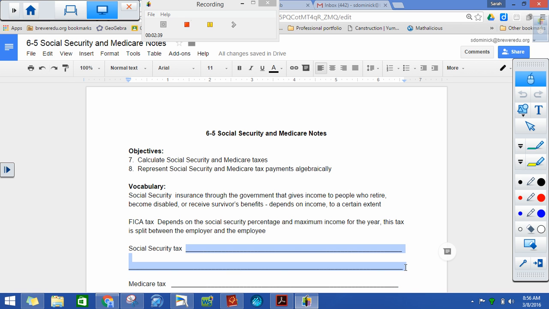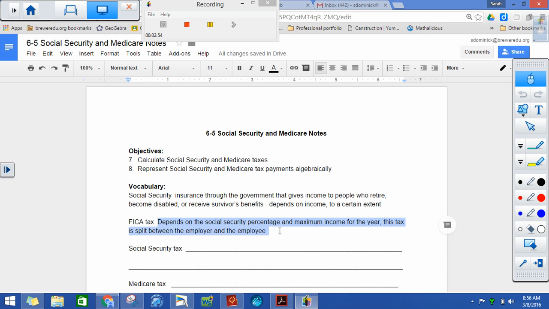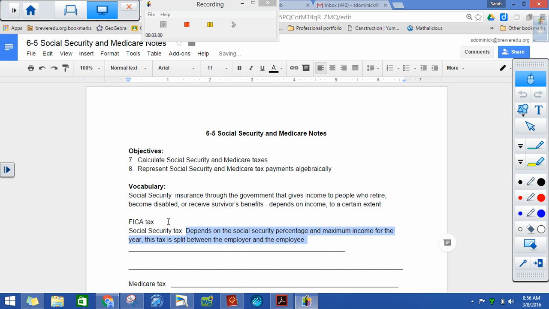Your Social Security tax is this right here. I'm sorry. Your FICA tax is just like I said, it's just those two taxes together. So it's Medicare and Social Security tax together.